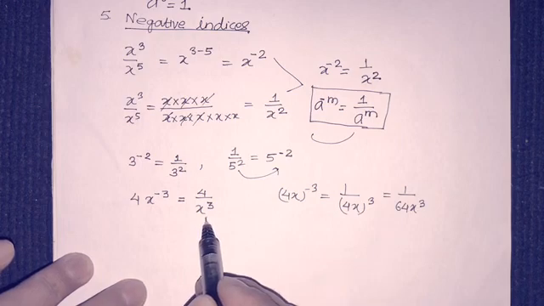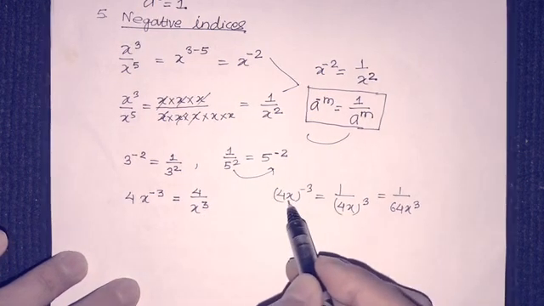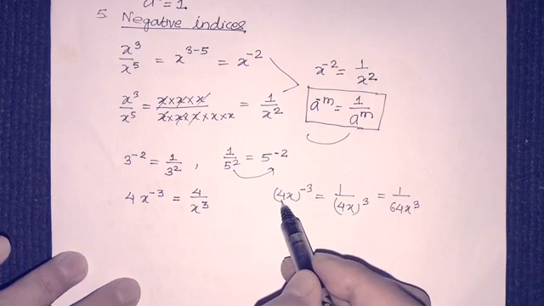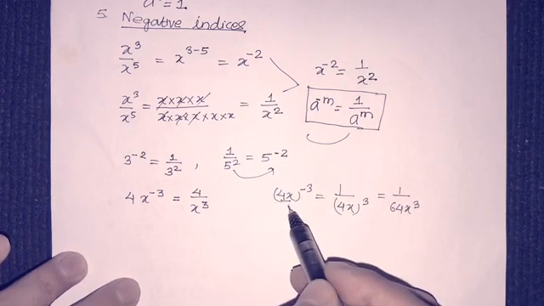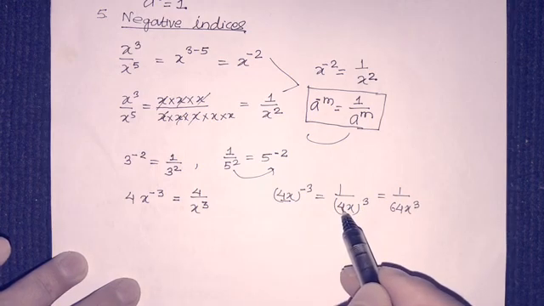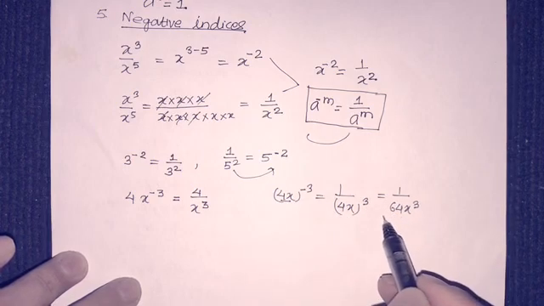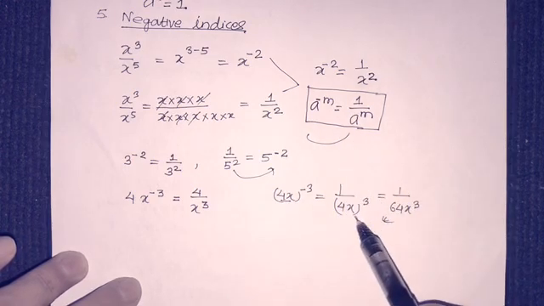Okay, but here -3 belongs to both 4 and x, as it is in brackets, so both go to the denominator and the power is made positive. This way these negative indices laws are used.